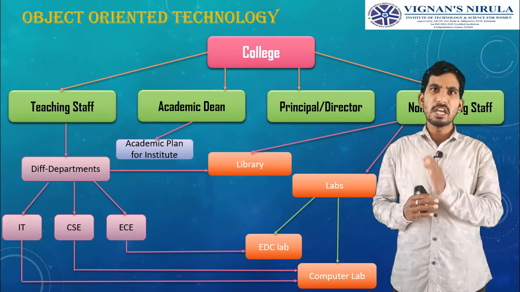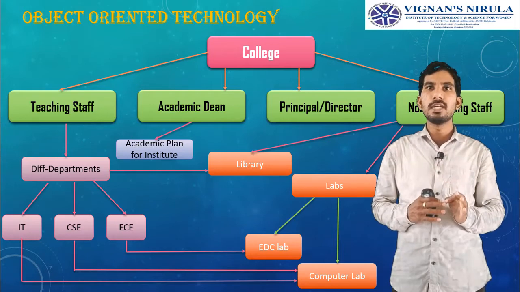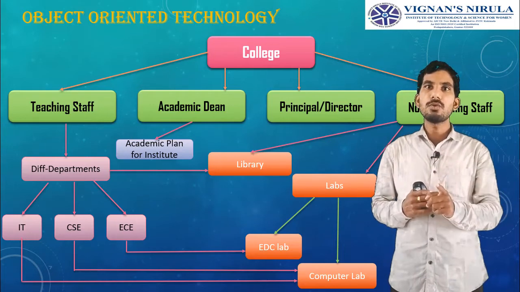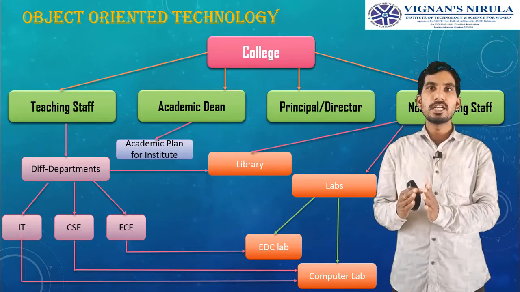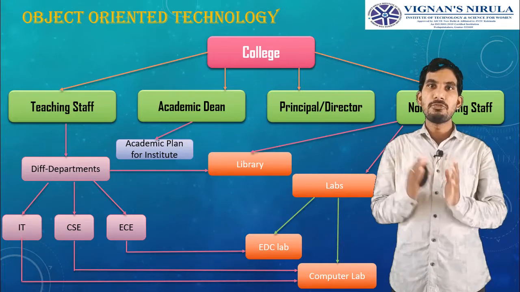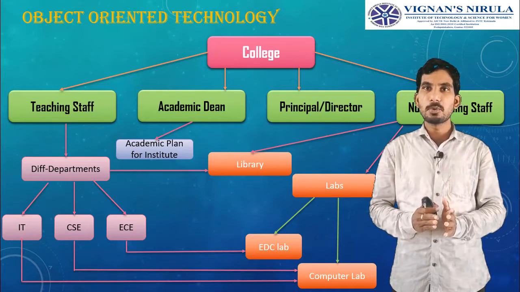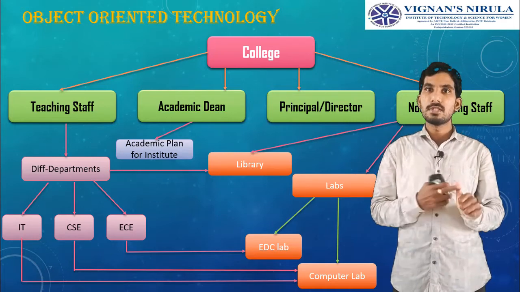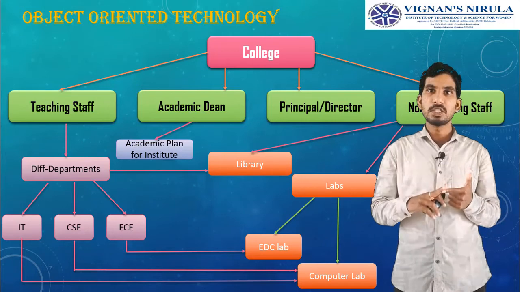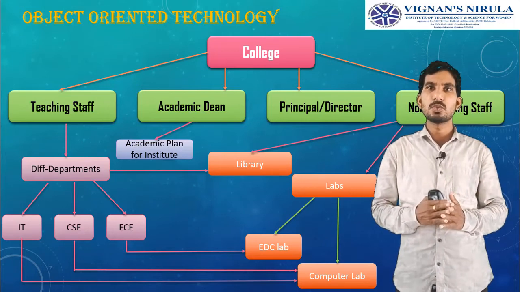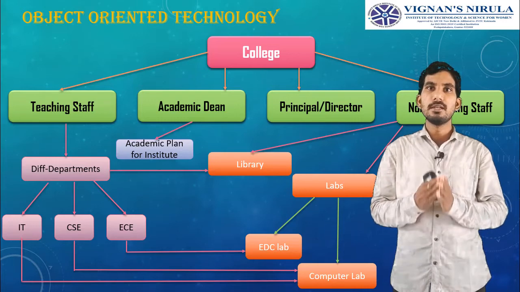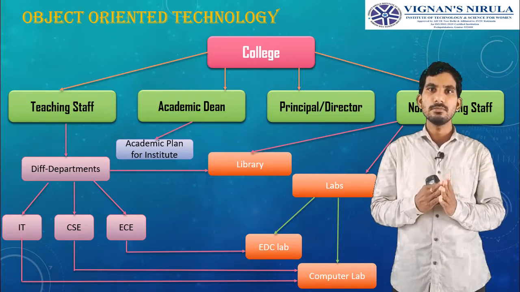In C++ everything works with the help of objects only. Without objects we cannot do any operation in object oriented programming languages. A few object oriented programming languages are C++, PHP, and Java.